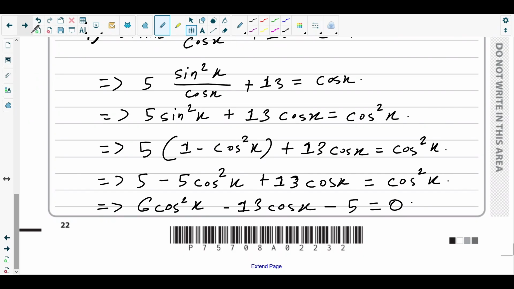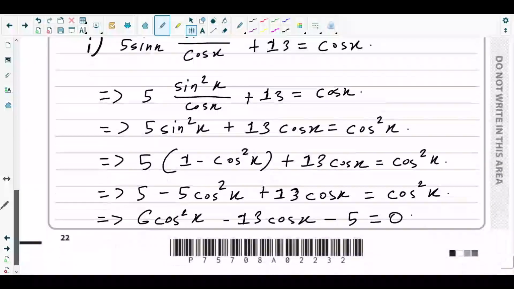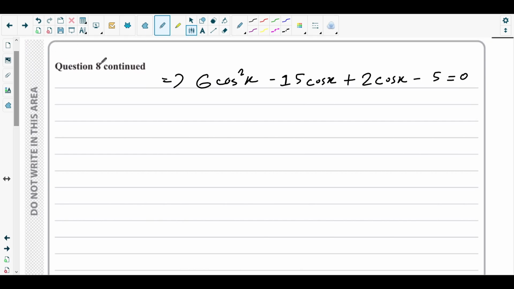So negative 15 cos x plus 2 cos x, and it will be negative 5. Now, is it perfect? Exactly. Negative 15 cos x plus 2 cos x gives you negative 13 cos x. This is fine.